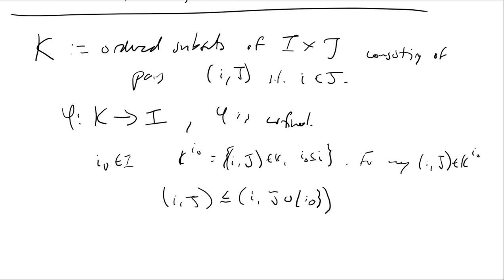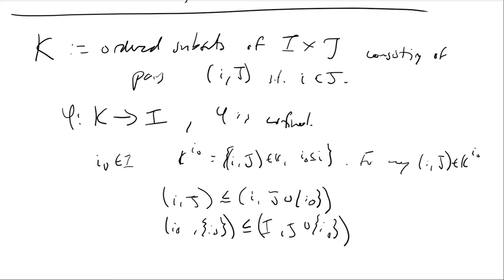But also, we know that I0 together with the set I0, which is of course a perfectly valid set, is going to be less than I together with J union I0. Sorry, that should be like so.